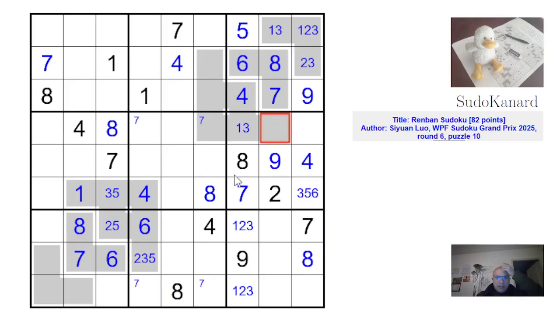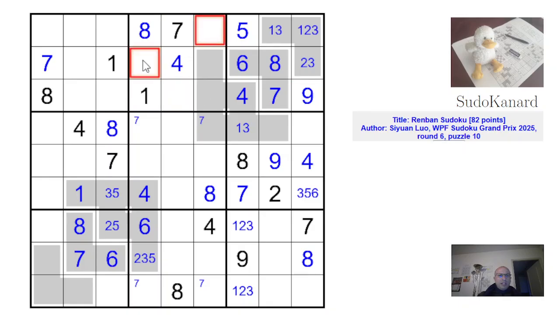I'm missing something. Yes, I'm missing Sudoku again. That's an 8. Definitely. But now, is this helping? Perhaps it's helping with the 9.